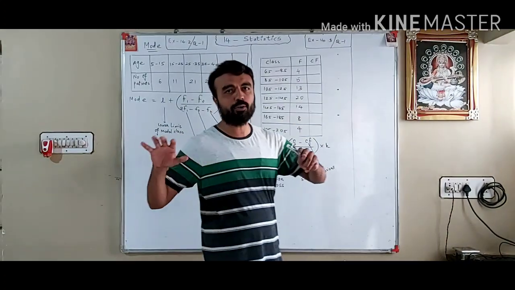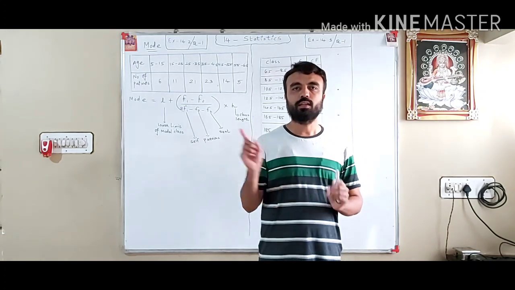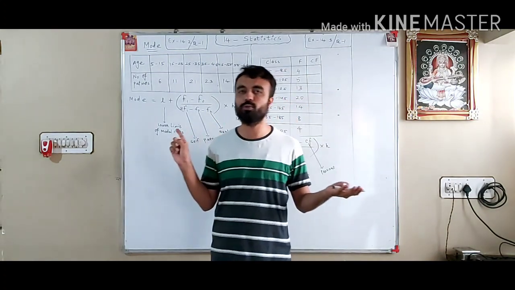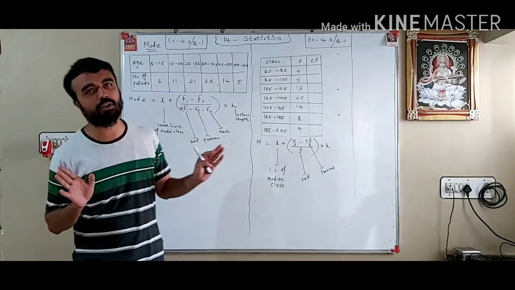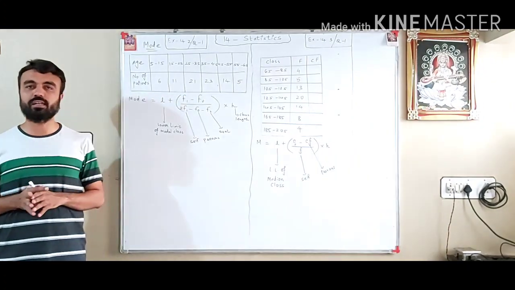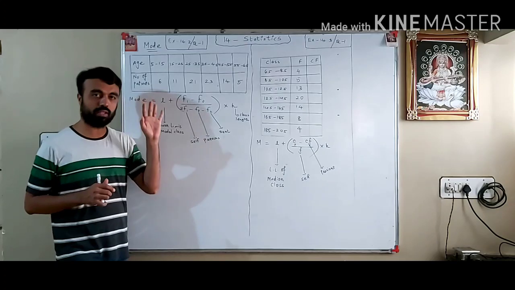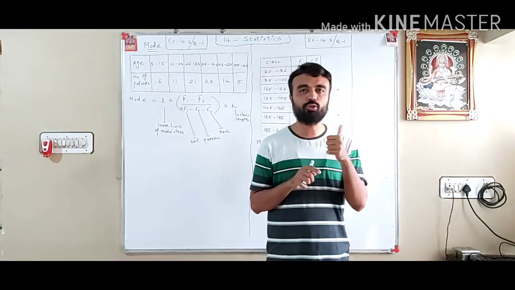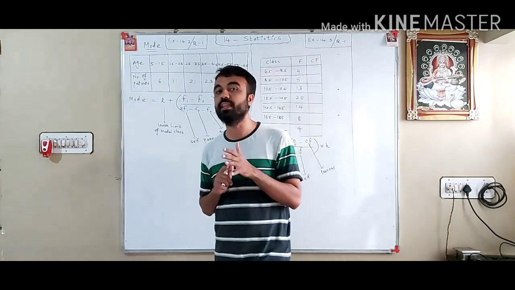Now if you talk about this full chapter 14, then this is the easiest topic. Like in 9th also mode was the easiest one. In 10th also, comparatively with other topics, mode is the easiest topic, because in mode you don't have to prepare any table in the answer.